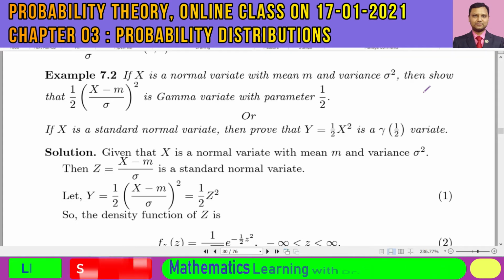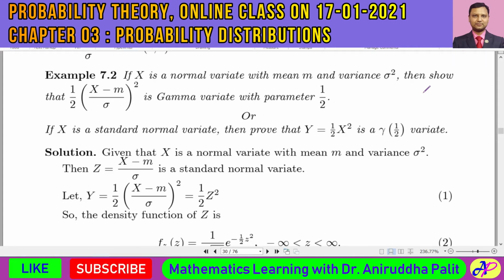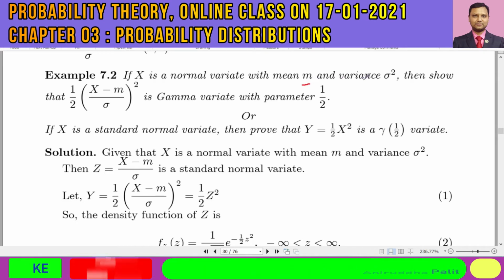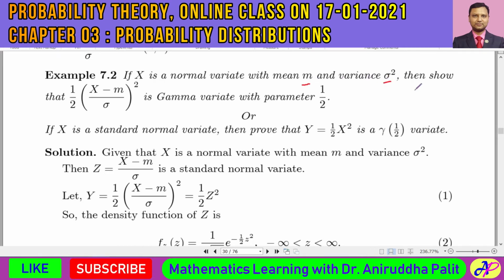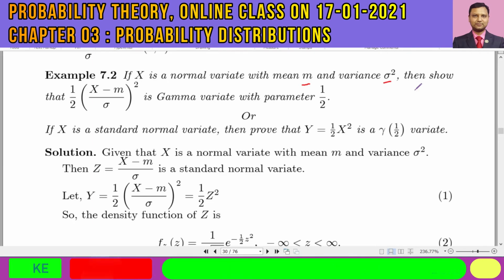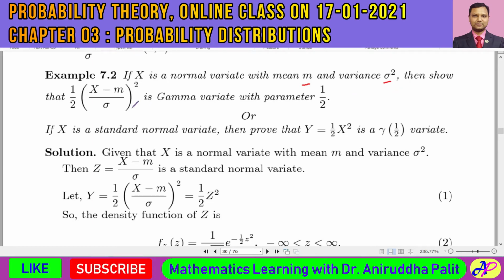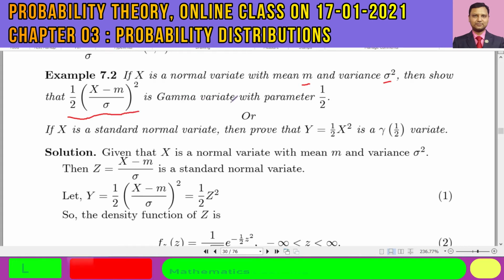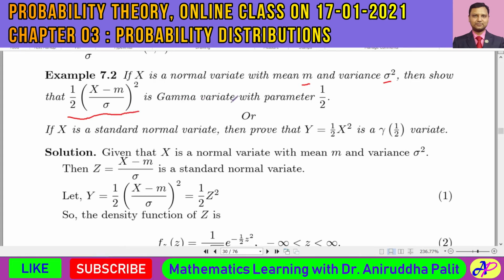Okay, for the time being, we can consider that x is a normal variate with parameters m and sigma. So m is any real number between minus infinity and plus infinity, and sigma is a positive quantity. Okay, then what do we need to do? We have to show that half of (x minus m by sigma) square follows a gamma distribution.